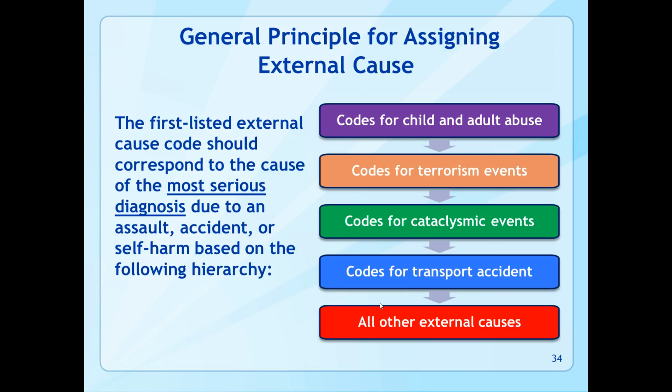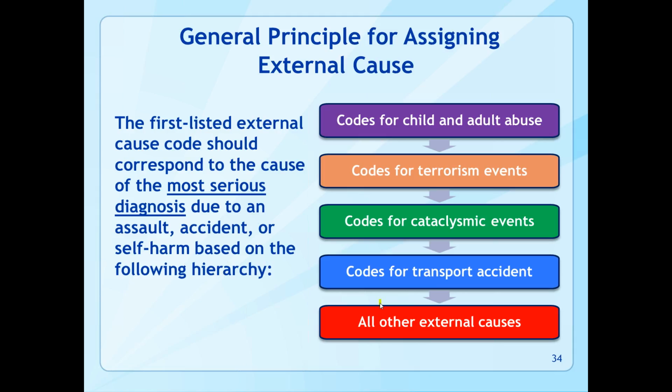So, for example, if someone was driving their car in a tornado and the car was struck by a tree that was uprooted in a storm, the sequence of the codes would be X37.1 for a cataclysmic storm, specifically a tornado, followed by V48.5 for a car driver injured in a non-collision transport accident in traffic, and W20.8, other cause of strike by a thrown, projected, or falling object for being struck by the tree.